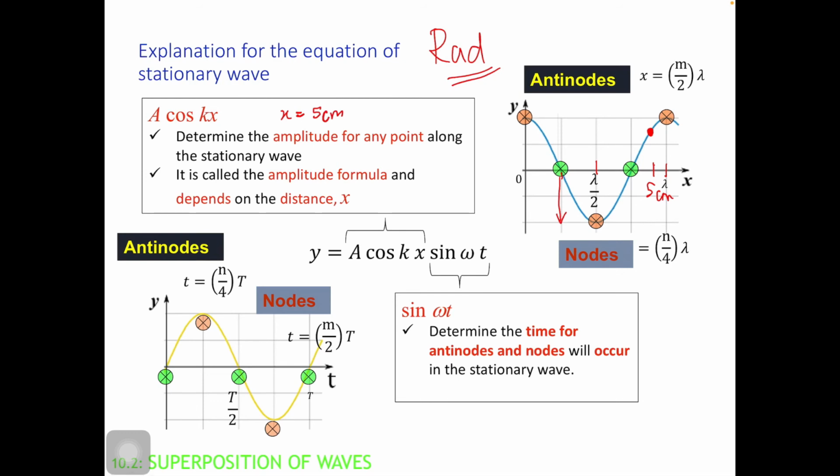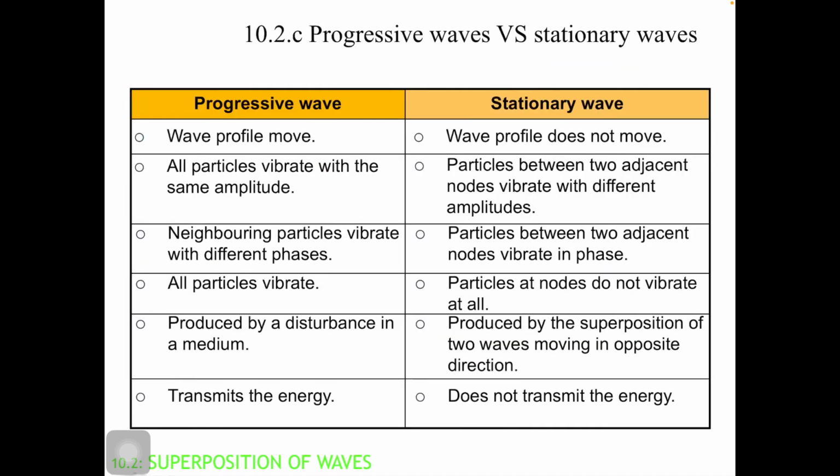Kalau nodes, m over 2. Kenapa ada n dengan m? Kita nak differentiatekan dia sahaja. Okay, so for antinodes, the first antinode adalah 1/4 T. So it's gonna occur bila quarter of period. Macam tu sahaja.